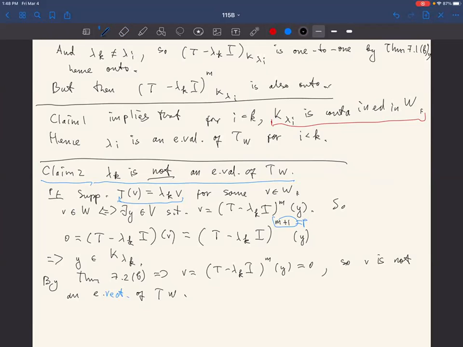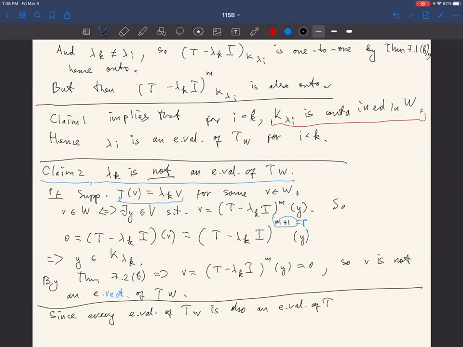So let's regroup and see where we are so far, with claim 2 and claim 1. Since every eigenvalue of TW is also an eigenvalue of T, of course, because TW is just the restriction, we conclude that the distinct eigenvalues of TW are lambda 1 through lambda k minus 1.